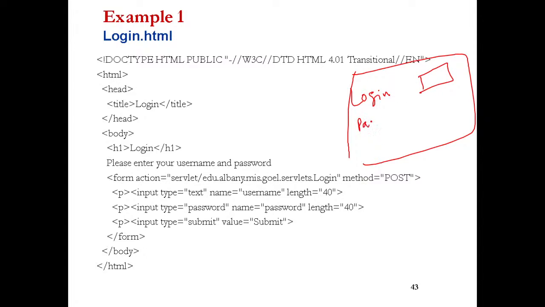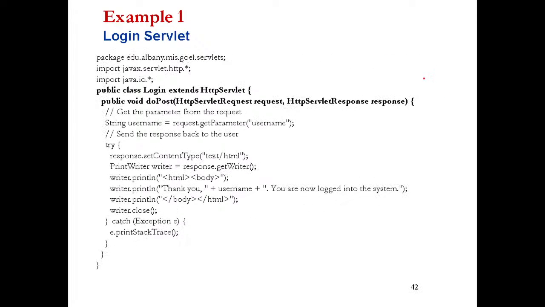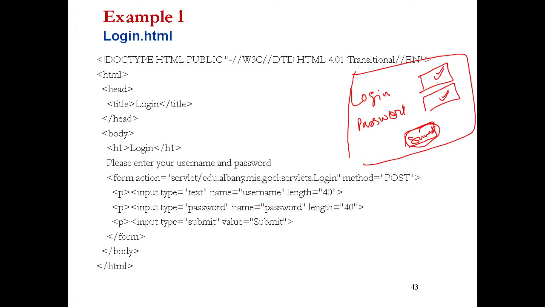Then again password, whose length will also be 40, and there will be a submit button. As soon as I submit, the values of login and password will be sent to the servlet, and as soon as the user is received here, the username will be displayed, because I am taking login as username and password as password.